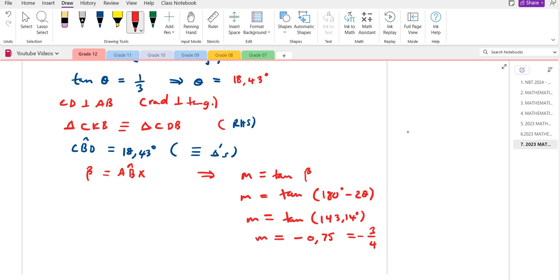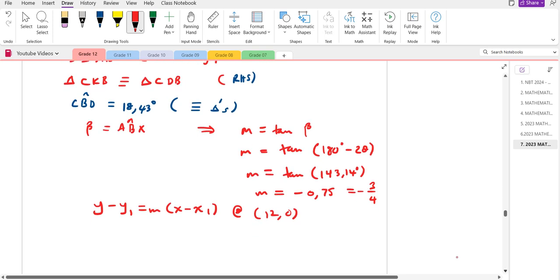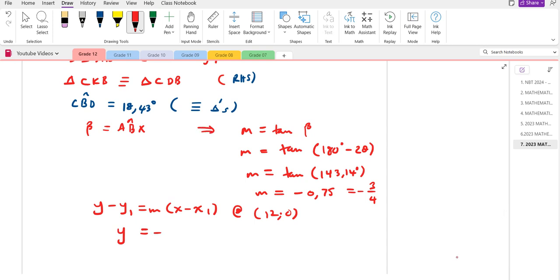We can say y minus y1 equals m into x minus x1 at 12 and 0. So the y value is 0. So y is equal to m, which is negative 3/4, x minus 12. So y is equal to negative, remember y minus 0. So negative 3/4 x minus 12, and 4 cancels out 3 times, so plus 9.